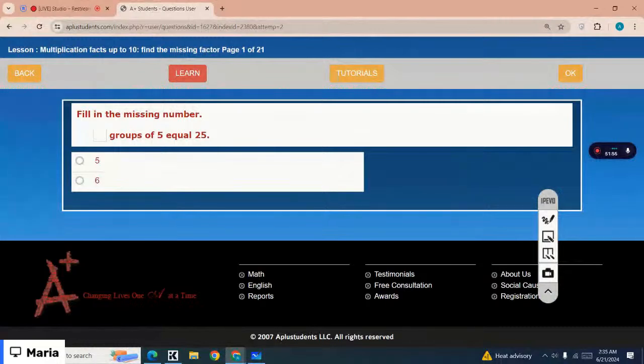Five groups of 5 equals 25. The correct option is 5 because 5 times 5 makes 25. So the correct option is 5.